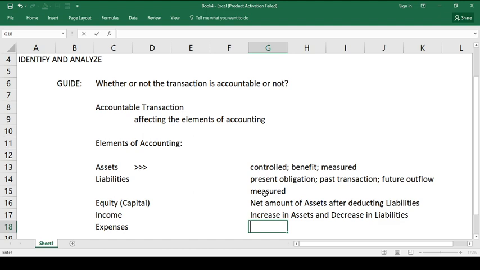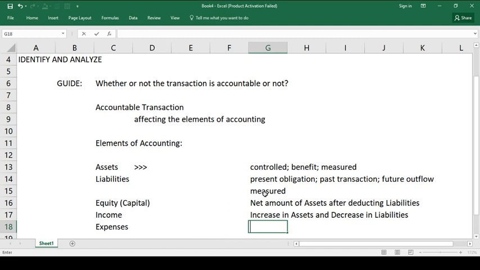Take note, not all decreases in liabilities are considered income, because there is a tendency that we decrease our liabilities due to payment of those liabilities. There are certain situations that once we decrease the liability, it is considered as income. But for certain transactions only.